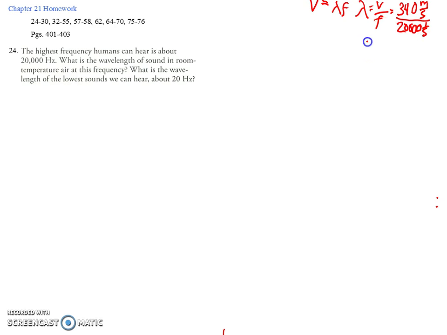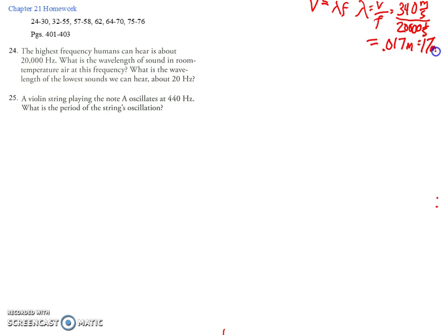So this will equal 0.017 meters, which is the same as 17 millimeters, 1,000 millimeters in a meter. And what is the wavelength of the lowest sounds we can hear, 20?